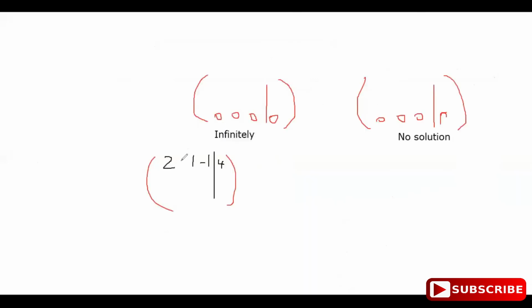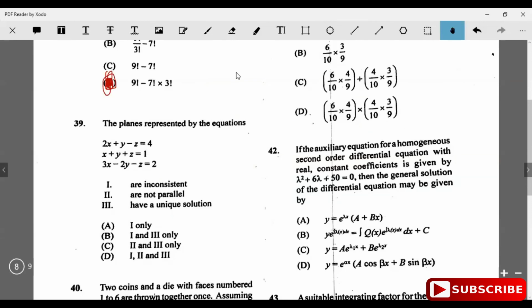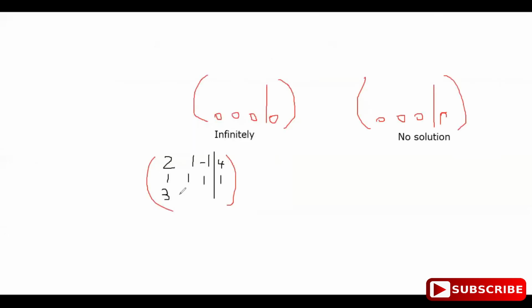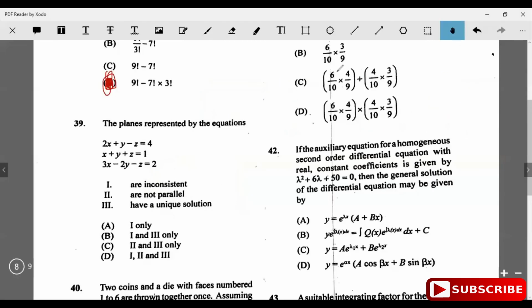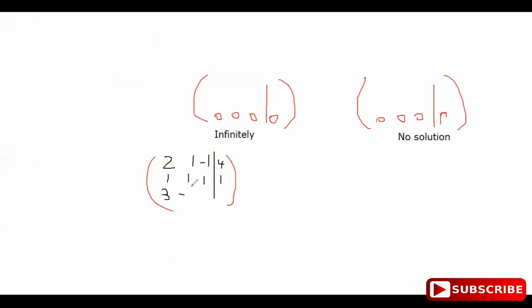Next is 3, negative 2, negative 1, and behind the augmented line, 2.